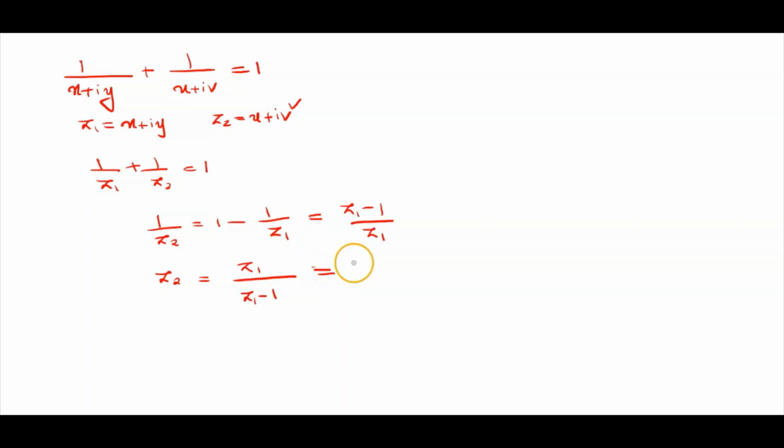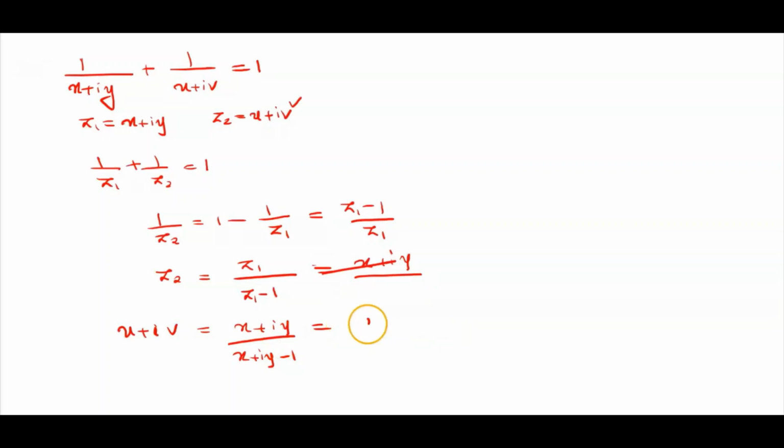So z1 is x plus iy, that is we can write u plus iv equal to x plus iy divided by x plus iy minus 1, that is x plus iy divided by, taking real part, x minus 1 plus iy. So this is u plus iv is x plus iy by x minus 1 plus iy.